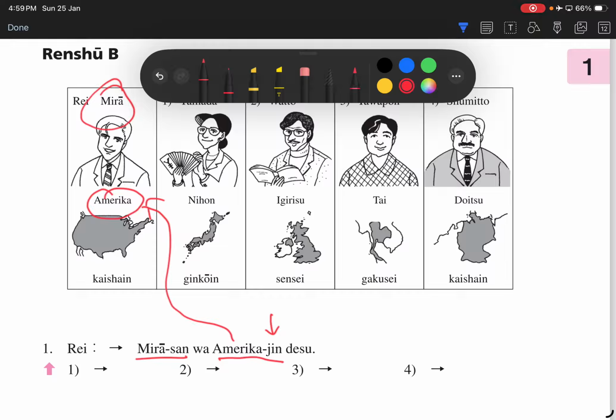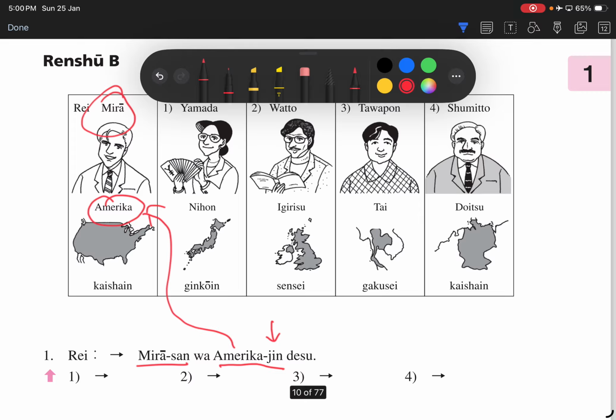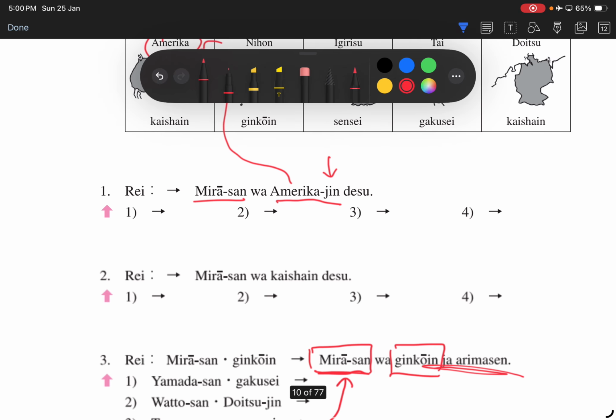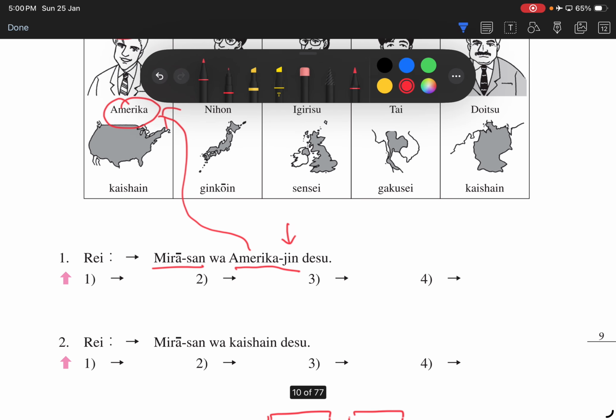For example, we say Singapore 人. So you just change the country name, for example 皆さん and America: 皆さんはアメリカ人です.